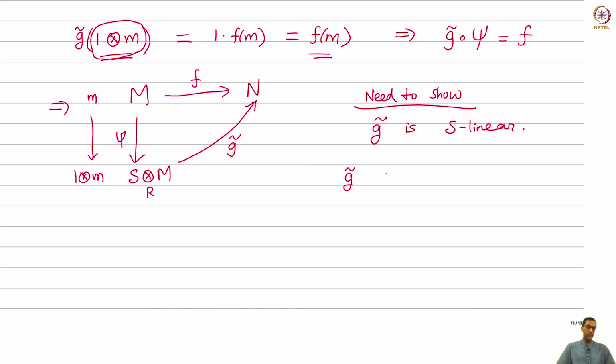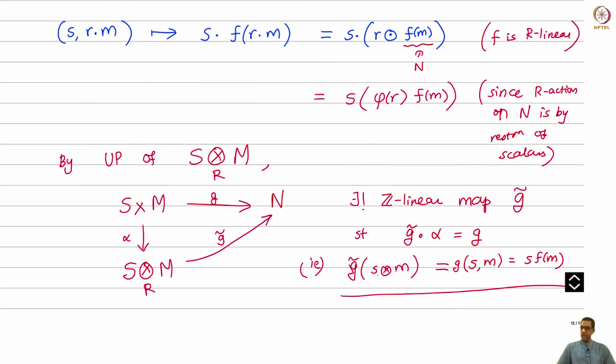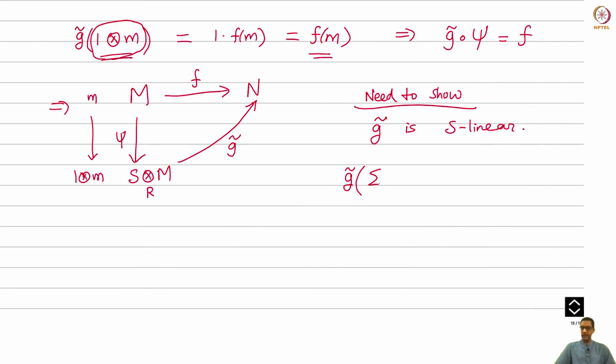What was G tilde? It was a Z linear map, right? And in fact, we know what G tilde does to a general S tensor M. It maps it to S F of M. Okay. So now observe how G tilde acts on the summation of Si tensor Mi. By definition it is the summation of Si F of Mi. This is how it is defined. So this is by definition of G tilde.